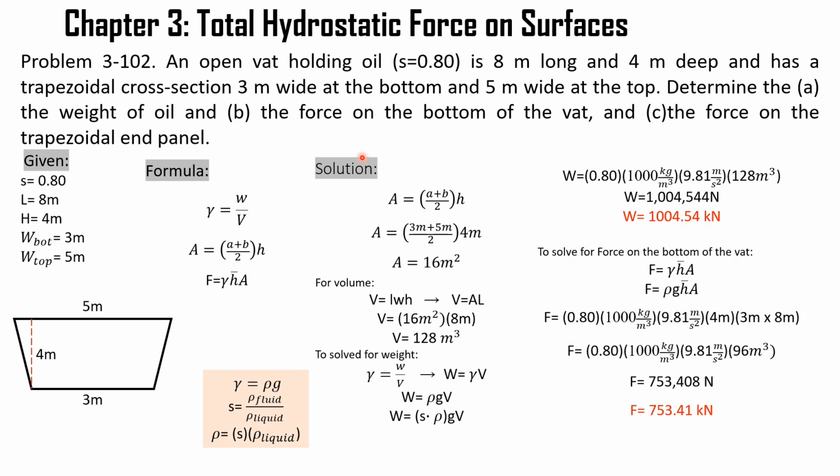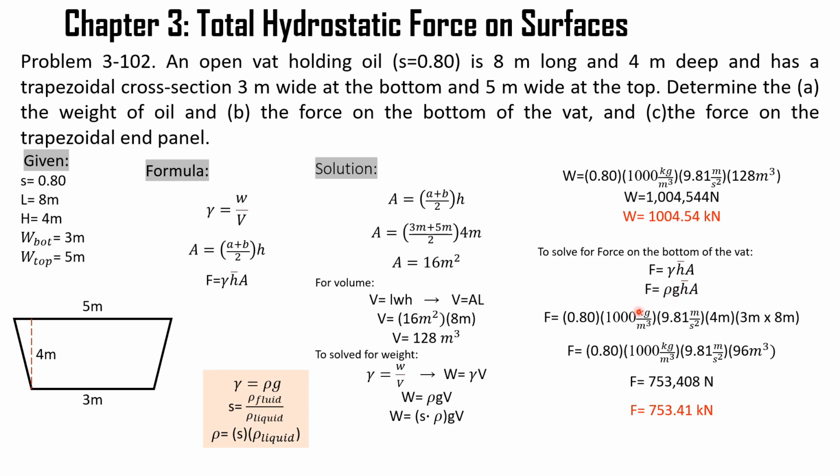Now let's proceed in solving the force on the bottom of the vat by using the formula of force is equal to specific weight times height times area, and this equation was derived from the equation of pressure. Since all the given is known, let's equate it to the formula of force.